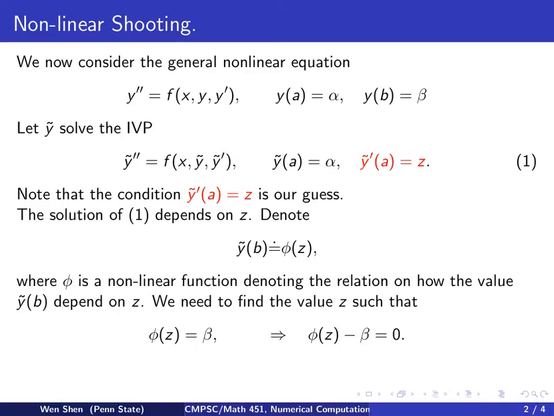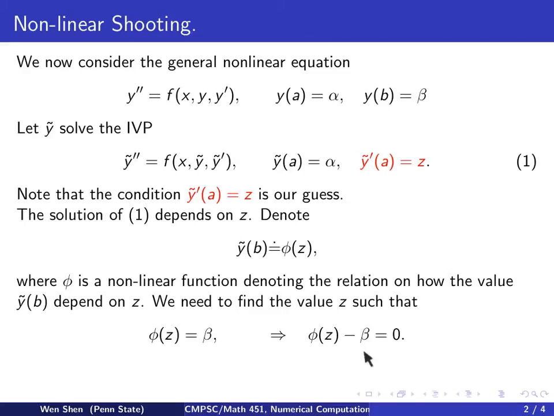So we want that the y tilde satisfies in the end also the boundary condition for a specific choice of z. Okay, so I would like to have phi of z equals beta. Moving the beta to the left-hand side, I have phi of z minus beta equals 0.